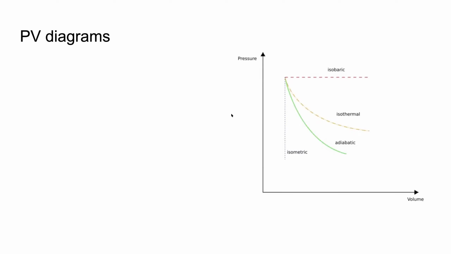And now I'm just going to briefly introduce you to the four thermodynamic processes. Let's start with isobaric. Isobaric is where the pressure is constant. Isothermal is when the temperature is constant.